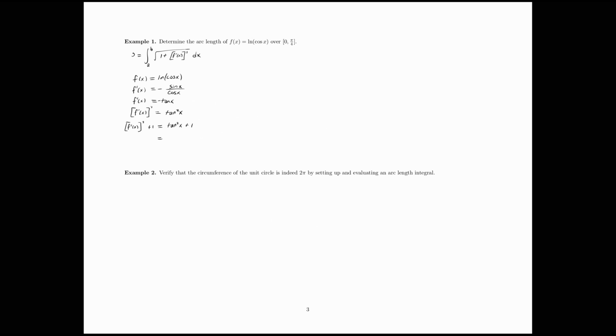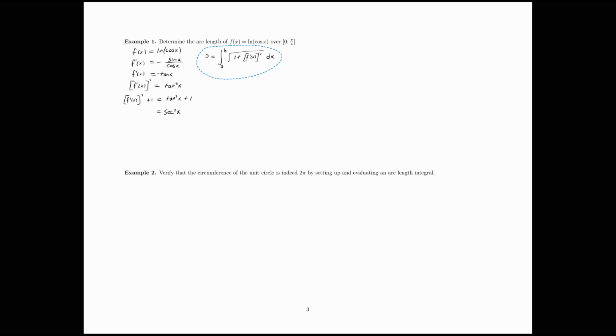So tangent squared plus 1 is a trig identity. It's secant squared. So now that we have the inside of our square root figured out, we can go ahead and plug it all into the arc length integral at this point.